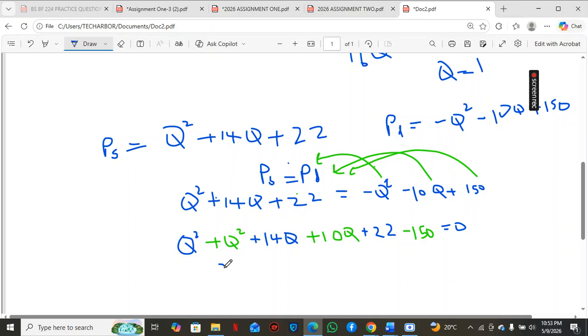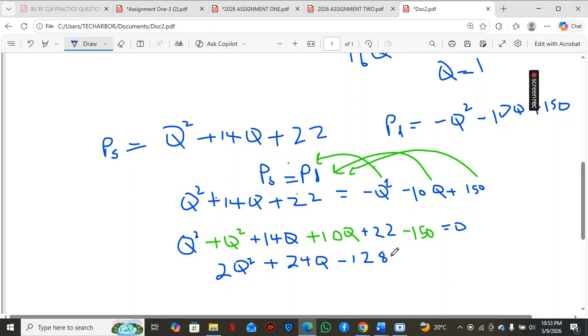q squared plus q squared, 2q squared. 14q plus 10q, that is 24q. 22 minus 150, negative 128, equals 0.